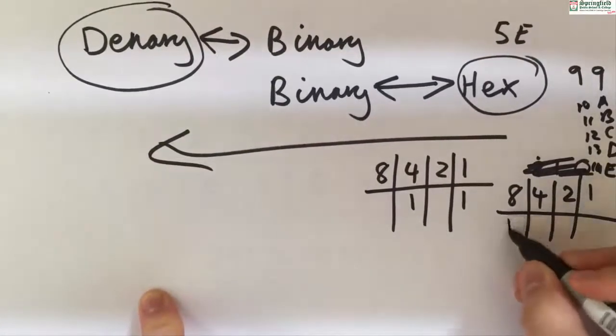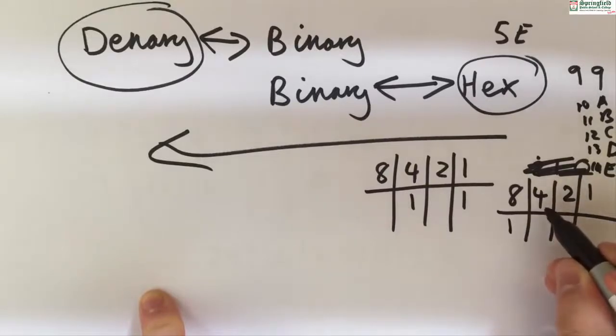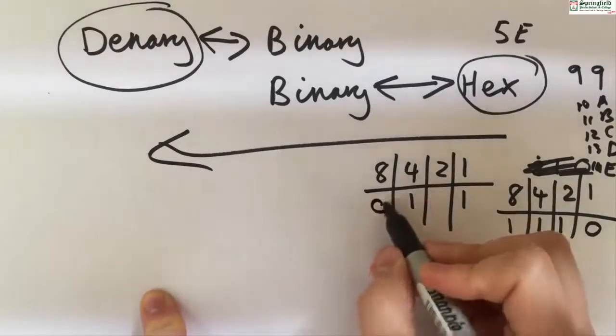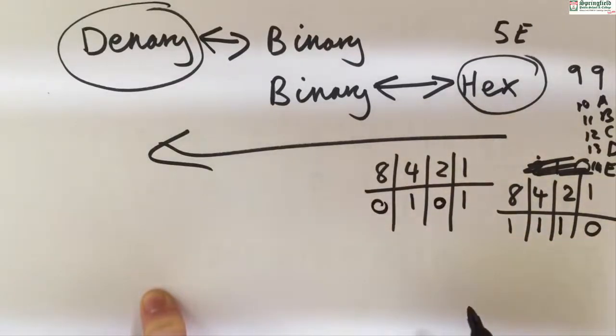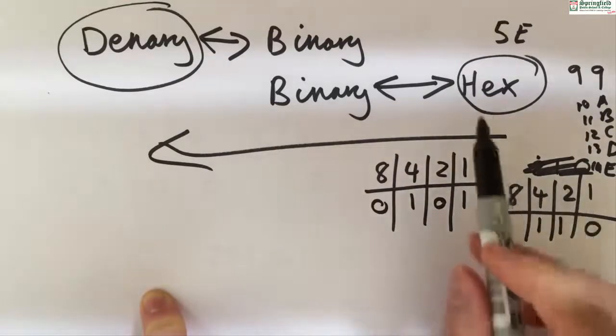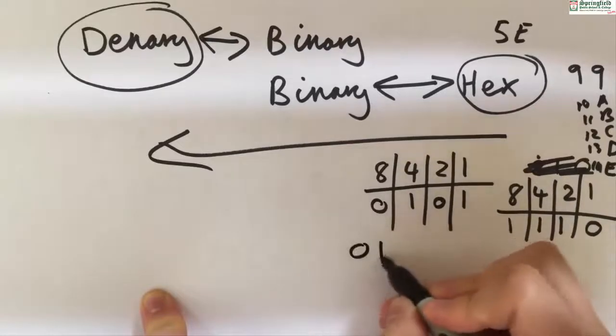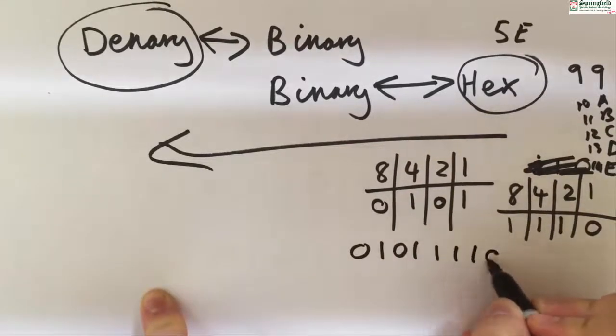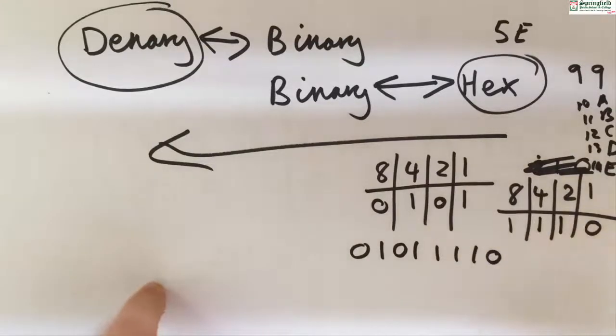So let's go with 8 and 4 is 12. Add the 2 is 14. Don't need that one there. And to simply string that together, not forgetting to put my extra zeros in, I could say that 5e as a binary is 0, 1, 0, 1, taken from here, 1, 1, 1, 0, taken from over here.